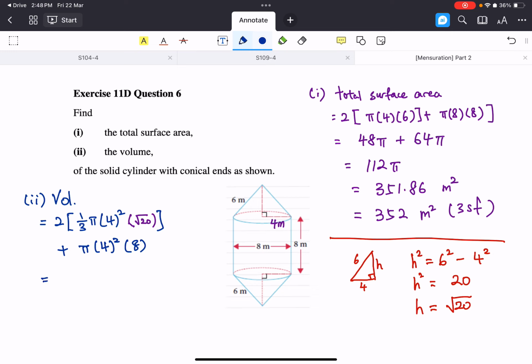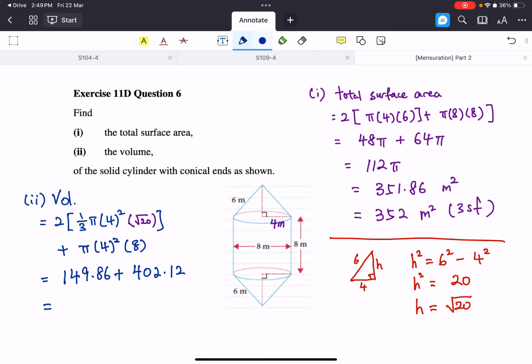Let's do it. So we have 16 times square root of 20 divided by 3, times pi, times 2. I get 149.86 plus 16 times 8 times pi, 402.12.